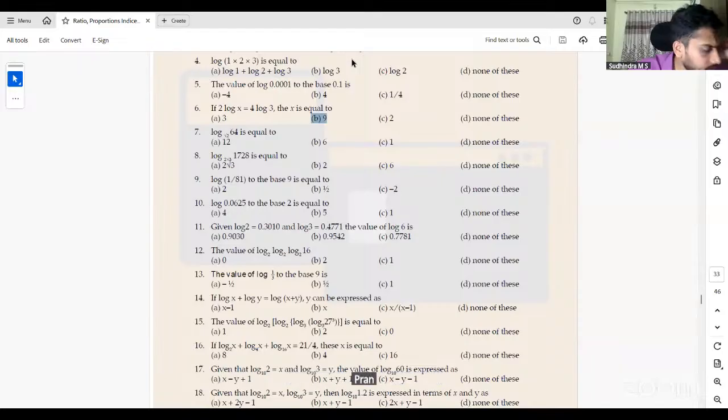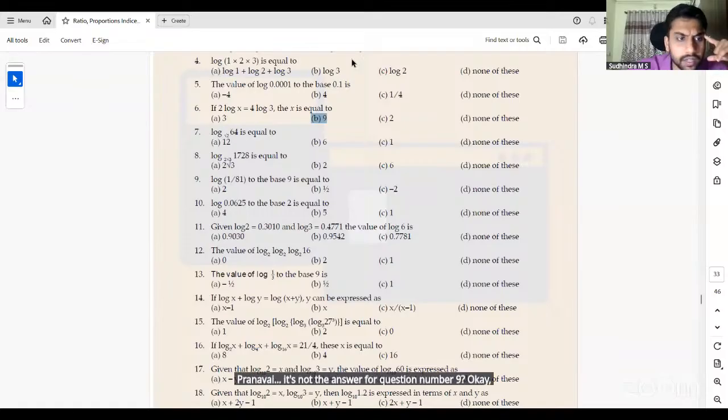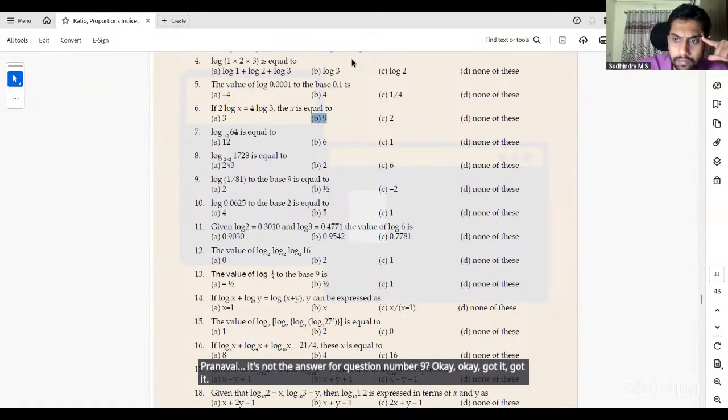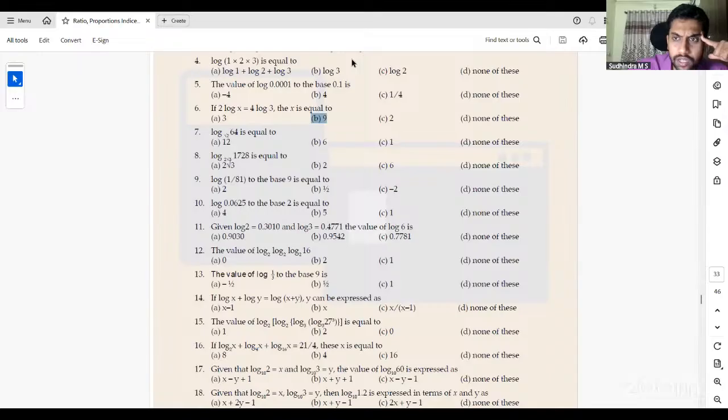Pranav Pai, it's not the answer for question number 9. Okay, got it. Rachana, Bhargavi Hegde, Pallavi, Naveen Gowda, you have to recheck.